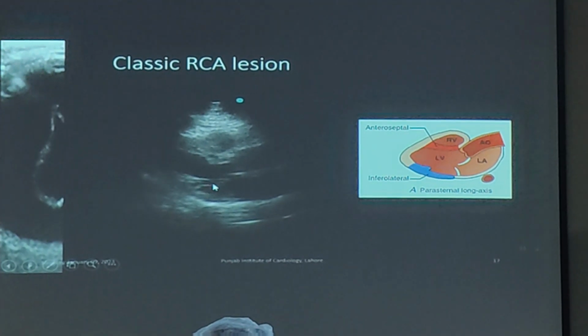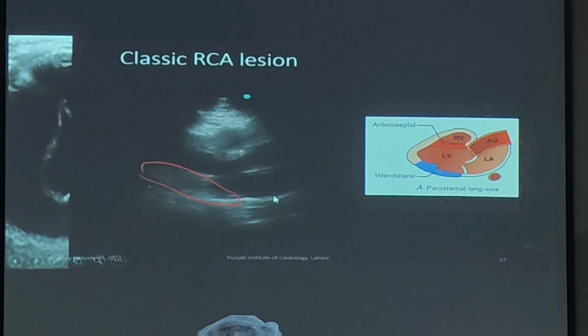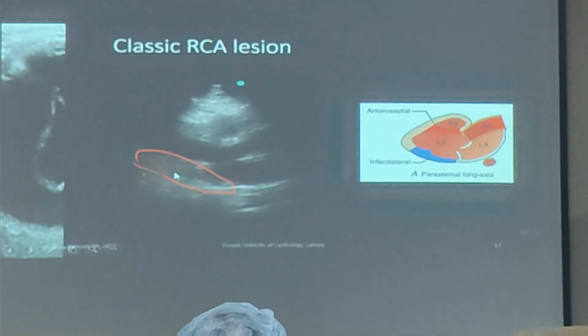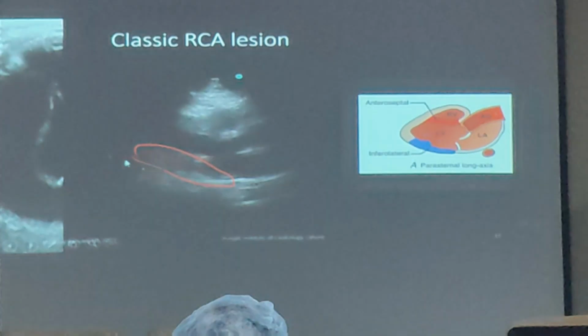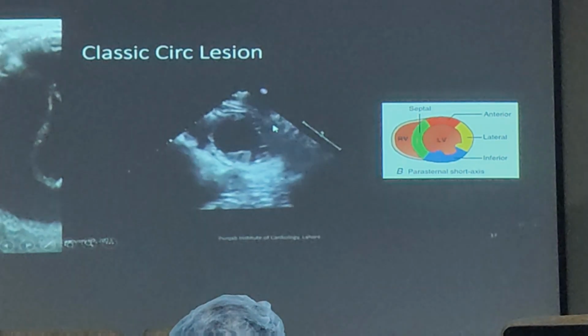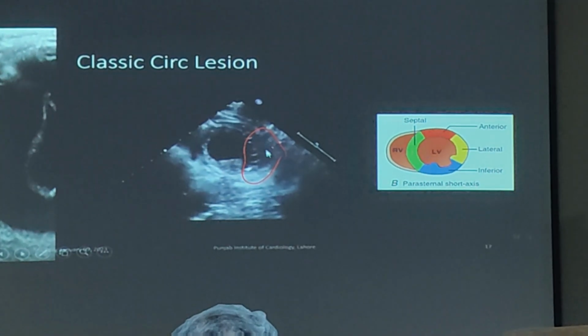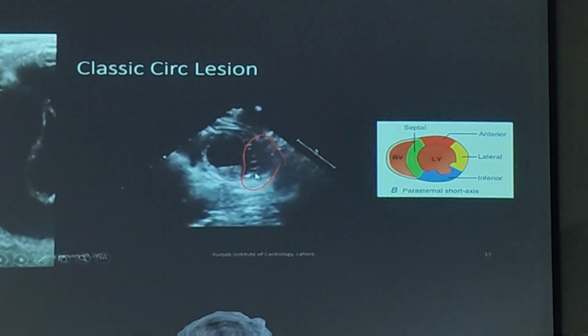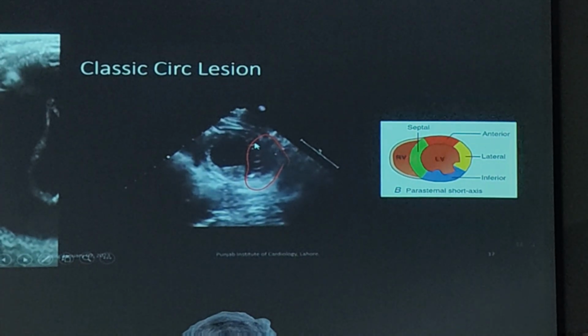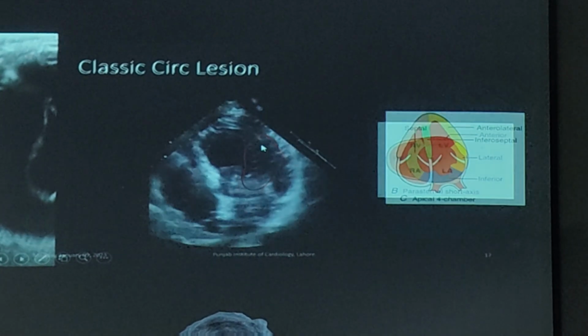And this is the parasternal long axis view. You can see the inferior lateral wall is not moving over here. For the circumflex lesions, you can look at the lateral side in the short axis view. This portion will not be moving, so you can conclude this is a problem in the circumflex artery.